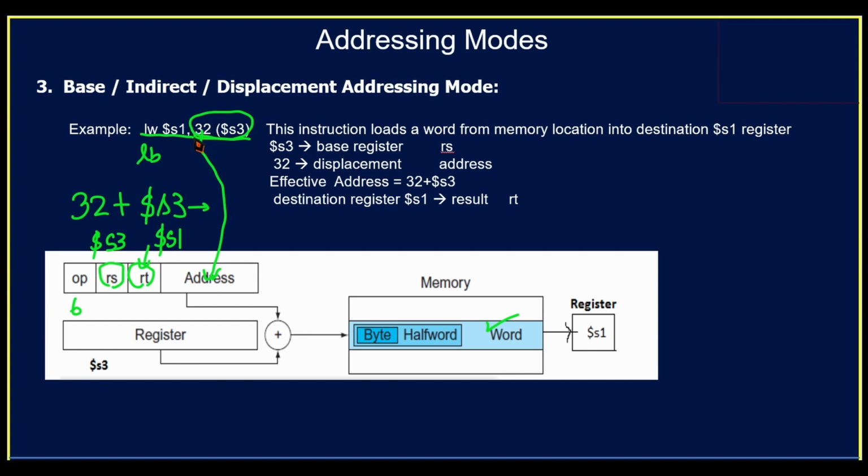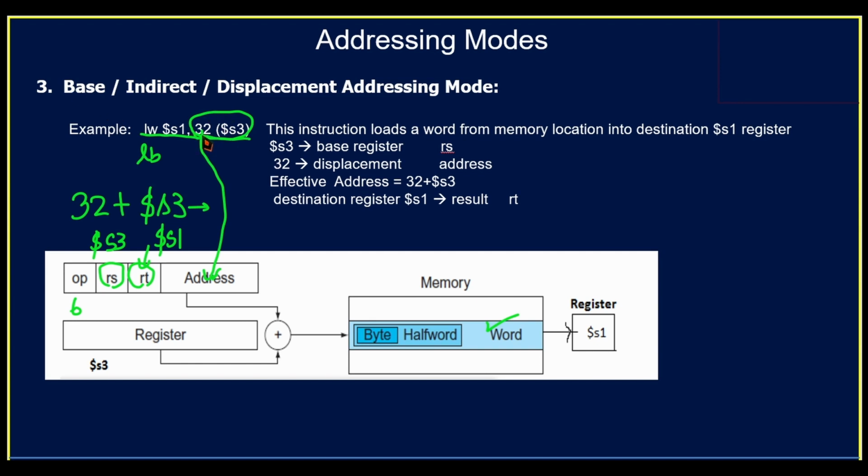This 32 is the offset value. Whatever content you have in the register will be added with the 32. So it is like a displacement, an offset, isn't it? So this 32 is the reason for the name displacement addressing mode. This register is the reason for the name base addressing.